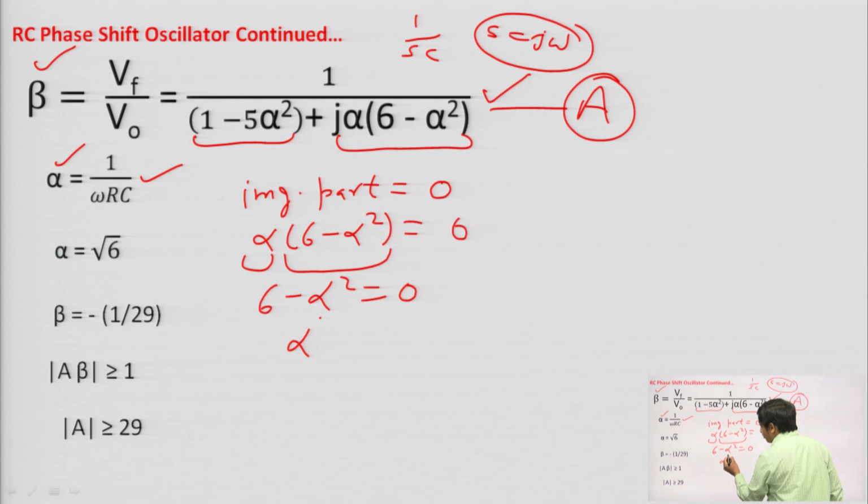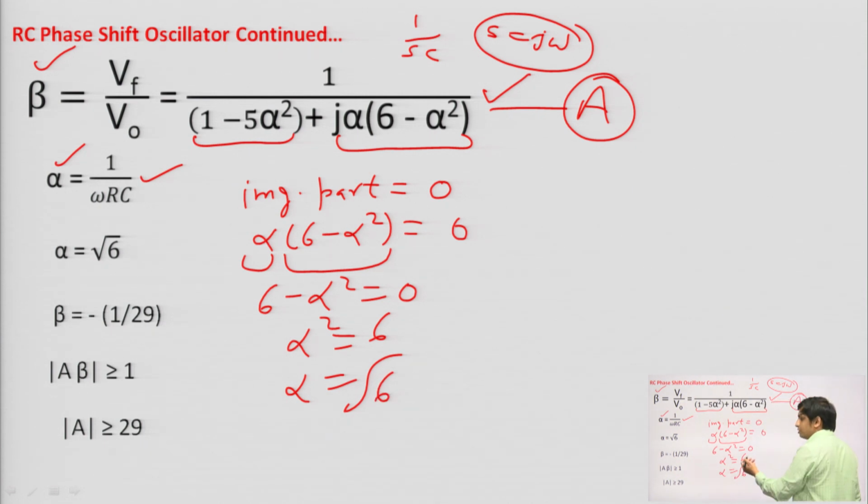So, what will be the value of alpha? Alpha square will be 6, alpha will be under root 6. Although it is plus minus under root 6, there is no meaning of minus sign because alpha is 1 upon omega R C, frequency is positive, R and C cannot be negative. So, alpha is equal to under root 6.